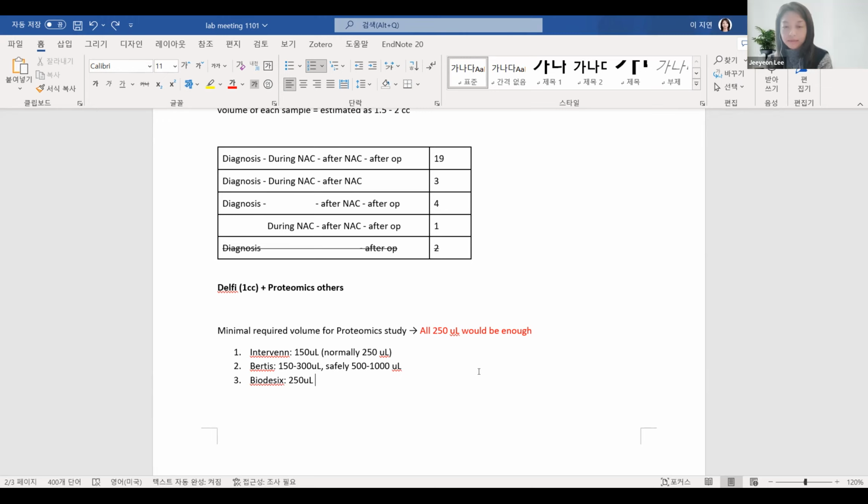I think the best way is, when we report RFS and OS, we don't merge anything, we just report the two cohorts.